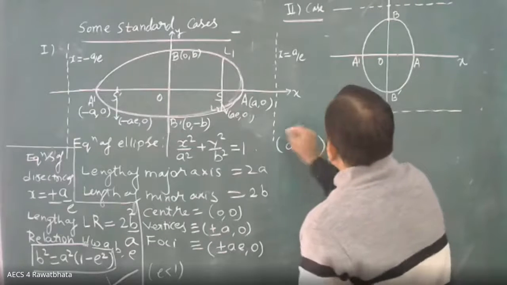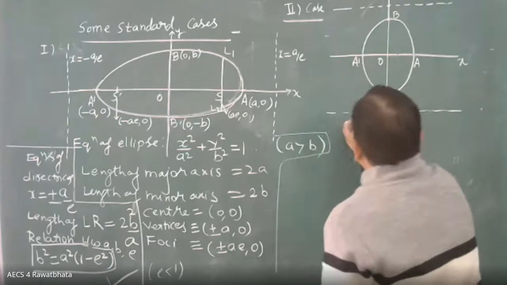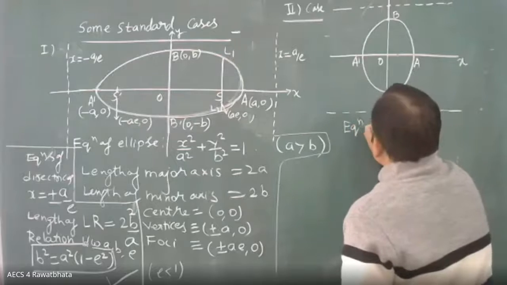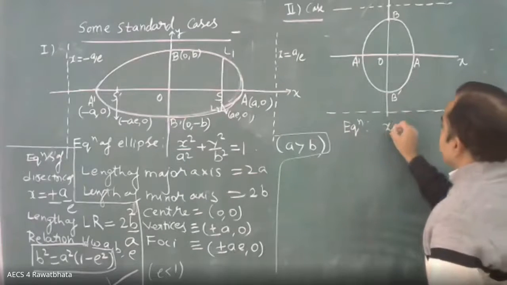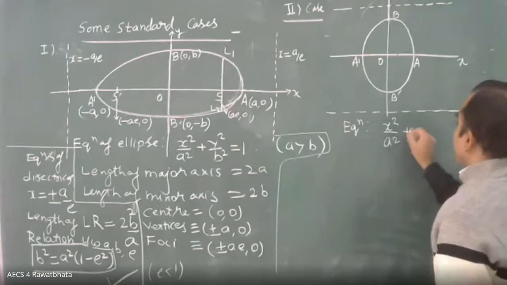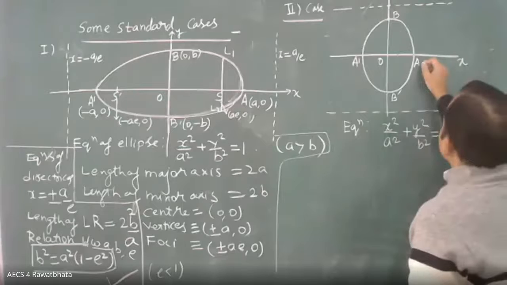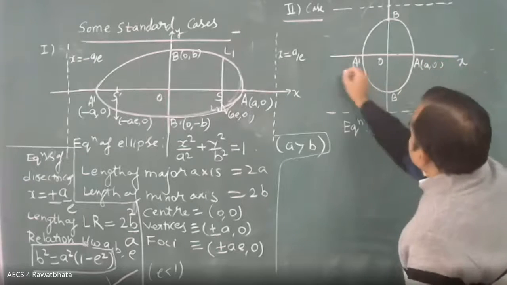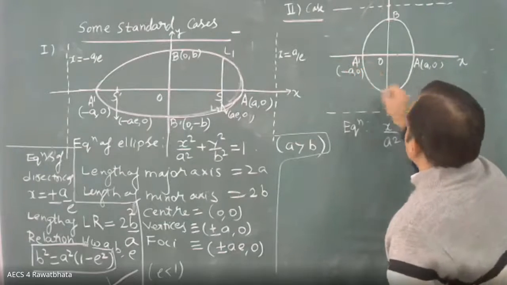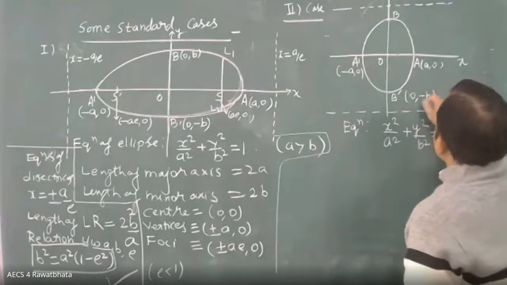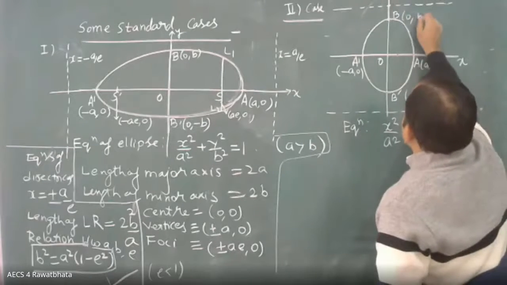Now, beginning with the equation. The equation in this case is given by the same equation, x square upon a square plus y square upon b square equal to 1. This A has coordinates a comma 0, this A dash has coordinates minus a comma 0, B dash is 0 comma minus b, while B is 0 comma b.